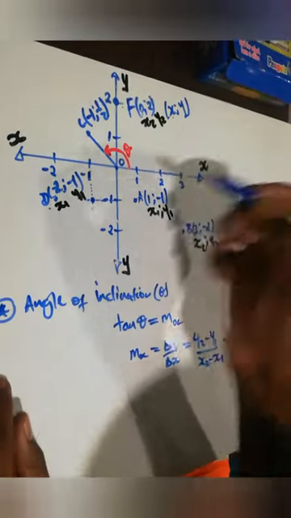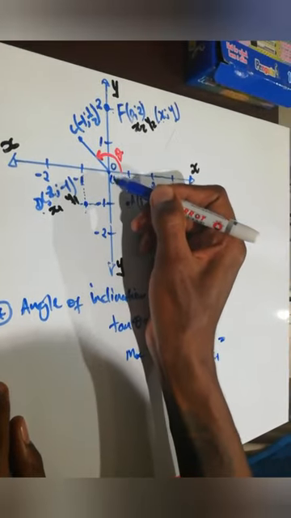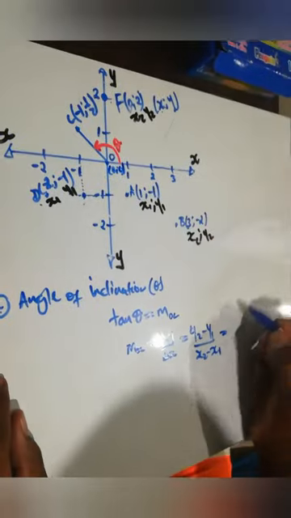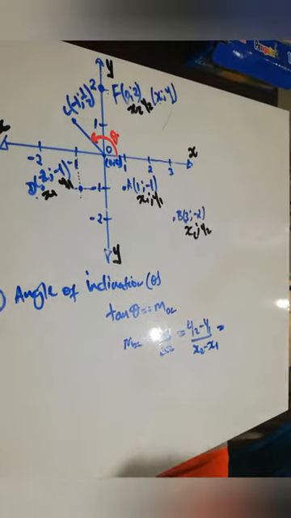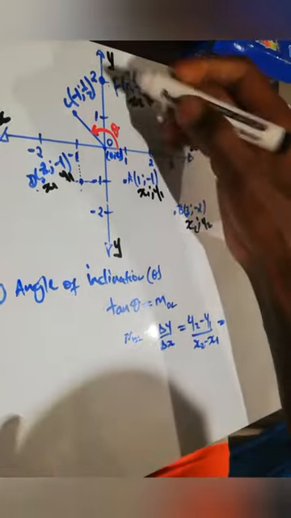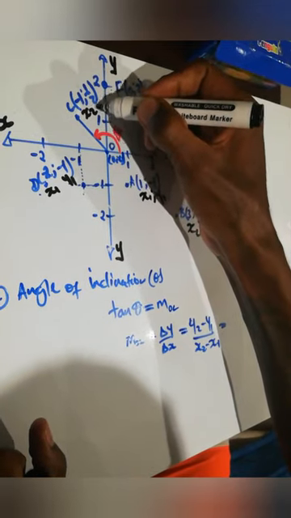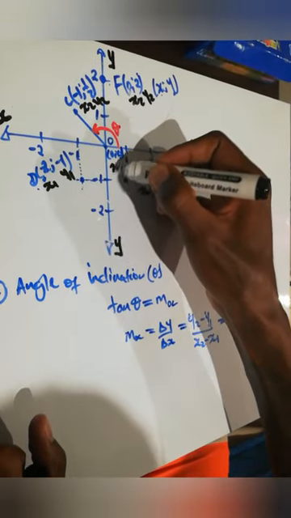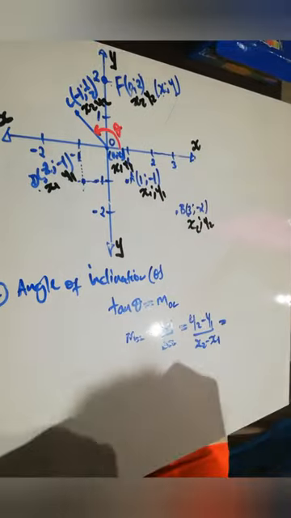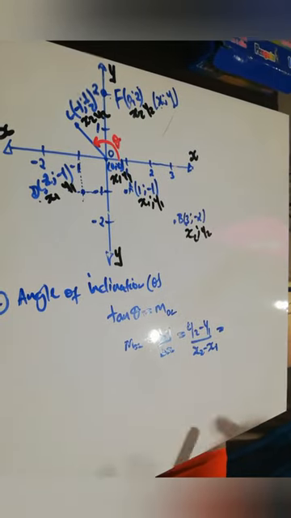In this case we have 0, 0 for the origin, and let's label this one as your x2 and your y2. Therefore, this will be your x1 and y1 for the origin.